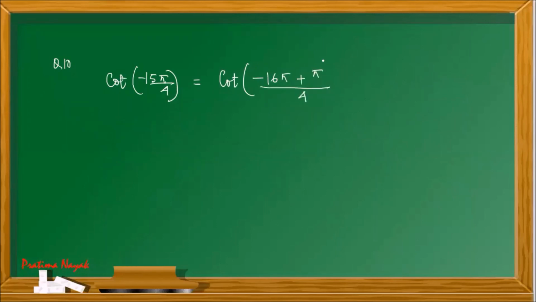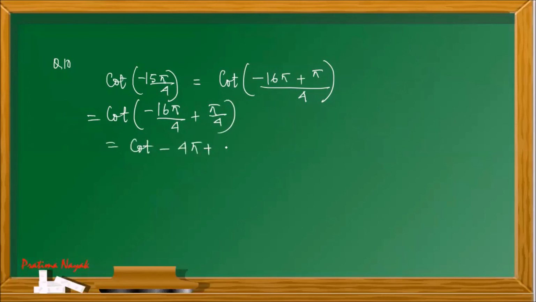Minus 15, I can write this one. So this will be the same as cot of minus 16 pi by 4 plus pi by 4. So this will be cot of minus 4 pi plus pi by 4. Minus 4 pi is a multiple of 2 pi. So this will be just cot pi by 4. How much is cot pi by 4? It is 1.